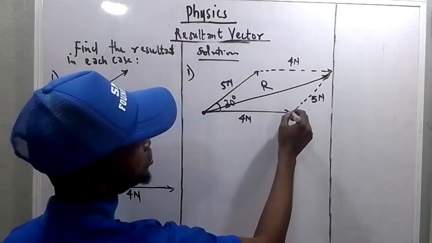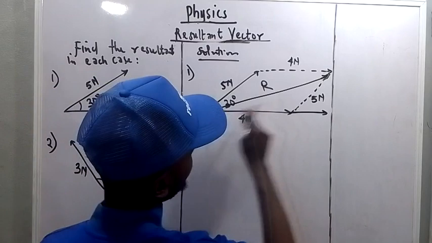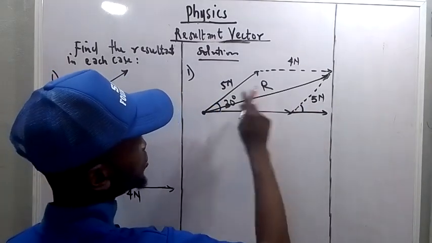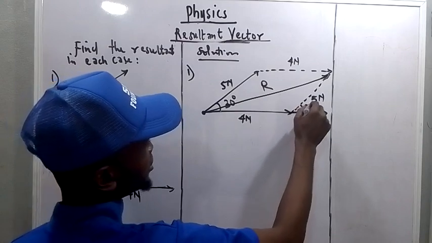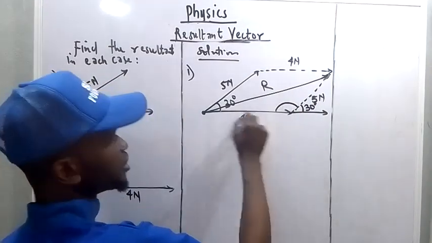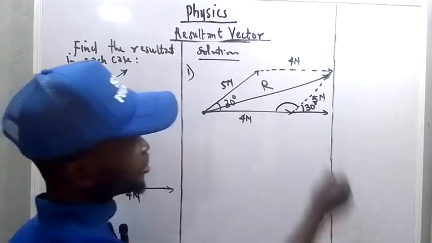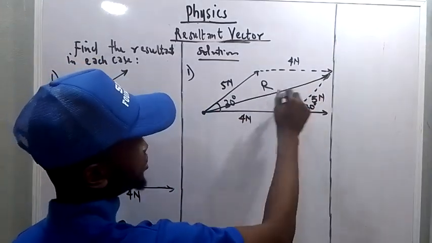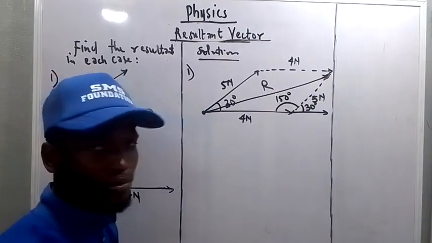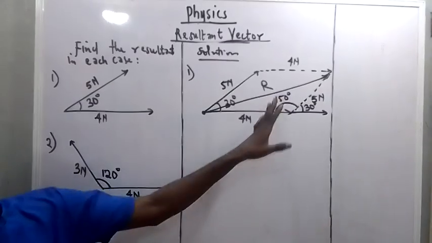Now if we extend the line for 4 Newton, that means there is an angle here which is corresponding to 30 degrees. It's also 30 degrees. Then there will be a remaining angle here. Since this is a straight line, the remaining angle here will be 180 minus 30, which will give me 150 degrees. So this is a complete diagram.